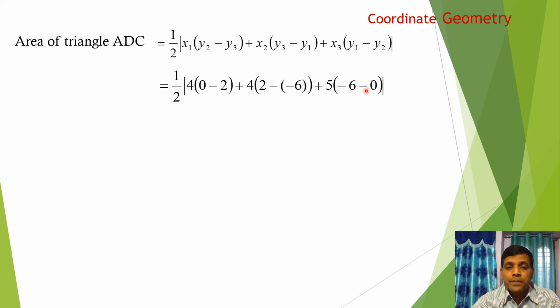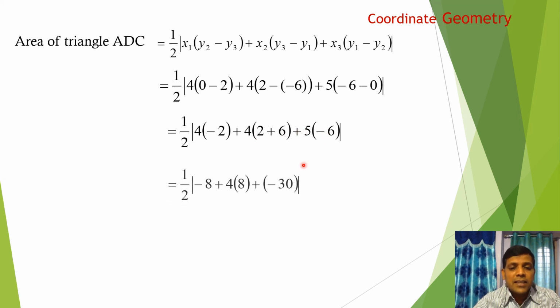Write down the next step: 4 into minus 2 is minus 8, plus 4 into 2 plus 6, that is 4 into 8, plus 5 into minus 6, minus 30.